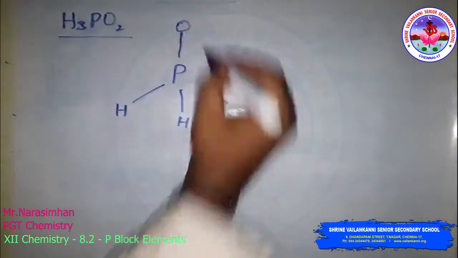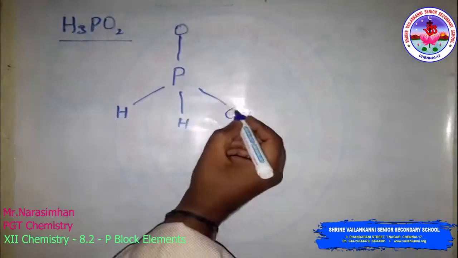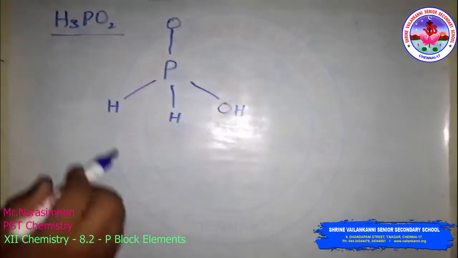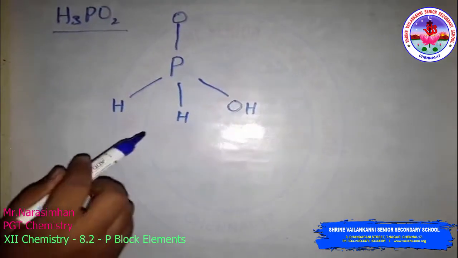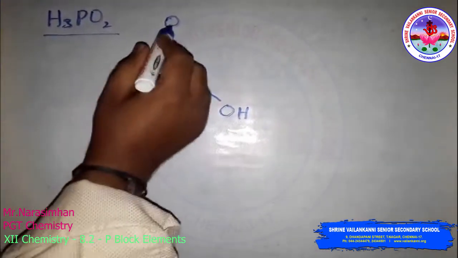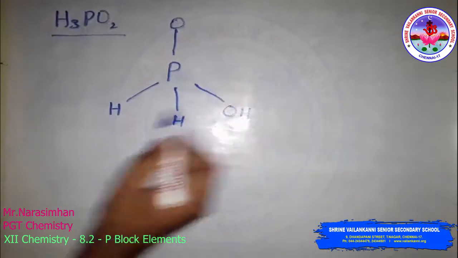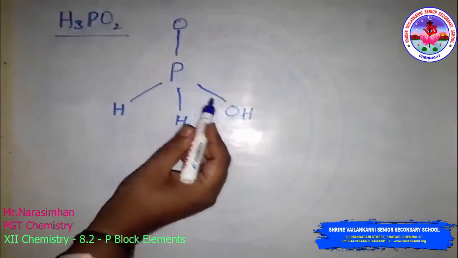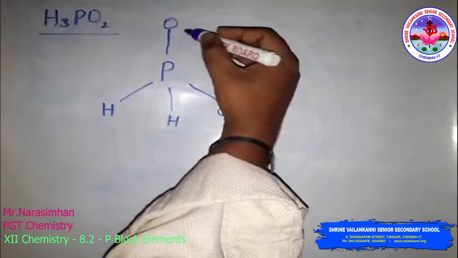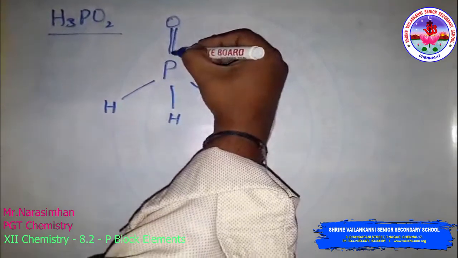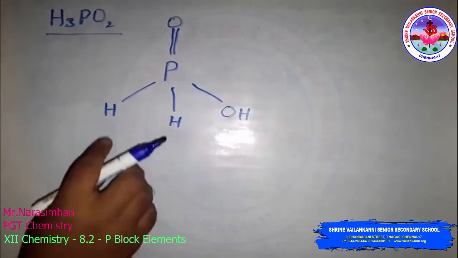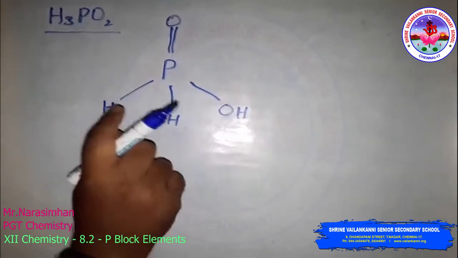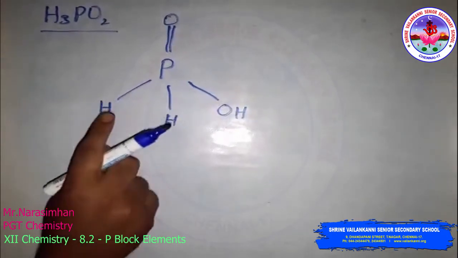One oxygen here and another oxygen here. Then you have to satisfy the valence of phosphorus and oxygen. The hydrogen is balanced, and oxygen valence is satisfied by putting a double bond here. Now it becomes the correct structure of hypophosphorous acid.